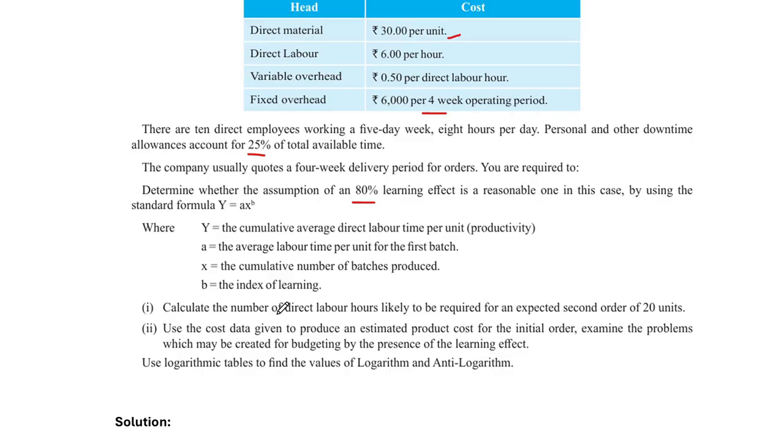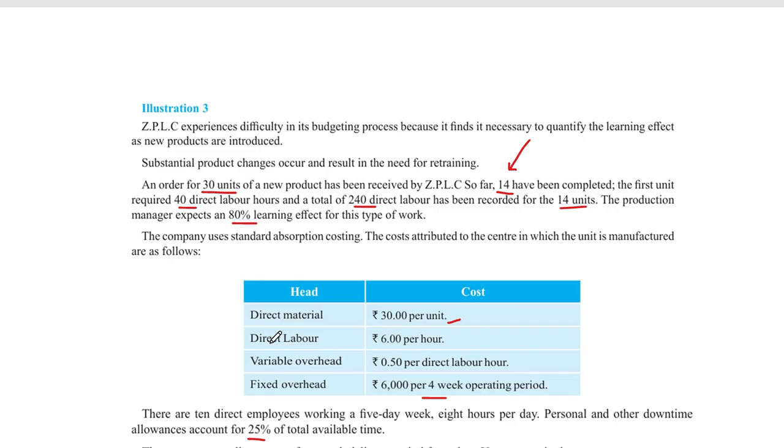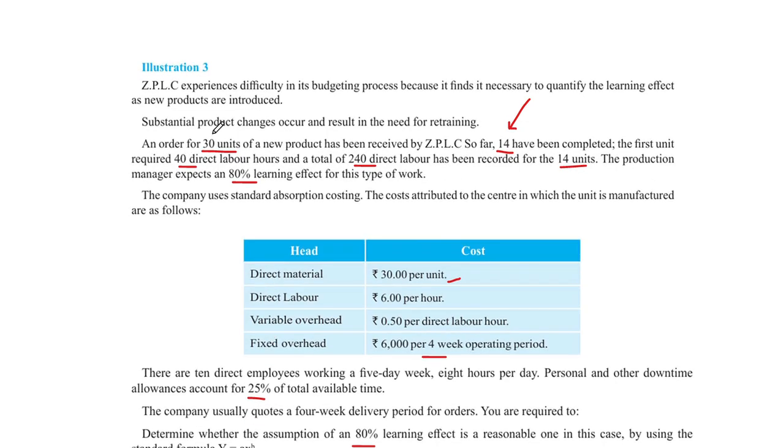Calculate the number of direct labor hours likely to be required for an expected second order of 20 units. So be careful guys, what is the question asking? We need to calculate the expected second order of 20 units. That means we have already been given the total order of 30 units.